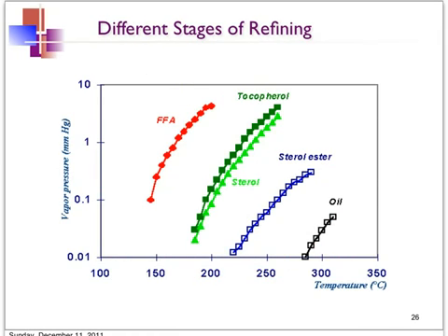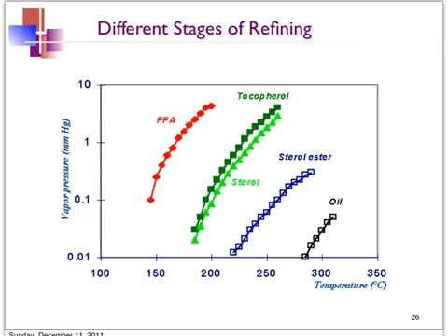So how can these different components, such as free fatty acid, tocopherol, and other components, be separated from the oil during the deodorization process? The principle is actually based on the different degree of volatility of the different components when compared to oil. We can see here a plot of vapor pressure against different temperature.